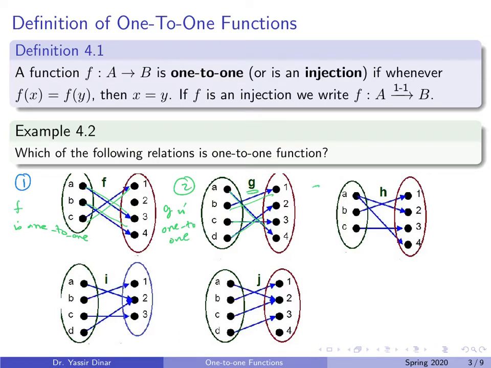The third one here, h, is not a function because we have an element which has two images, so h is not a function, and so I cannot speak about the property of one-to-one. For i here, we have i is a function, but it's not one-to-one because different elements have the same image, so we say that i is not one-to-one.